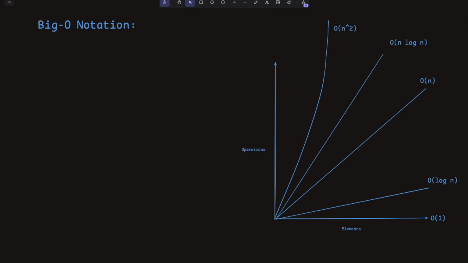Let's suppose your input data structure is an array, so the array size represents the x-axis and the y-axis represents the operations. Operations is nothing but the number of executions, or you can say if there is any loop, how many times that loop is executing, the number of iterations. So all those terms are equal to the operation.